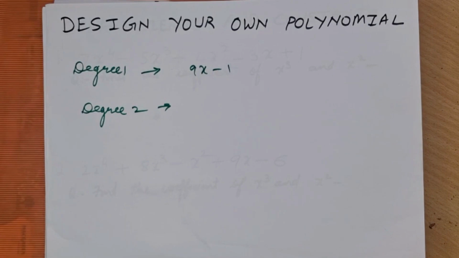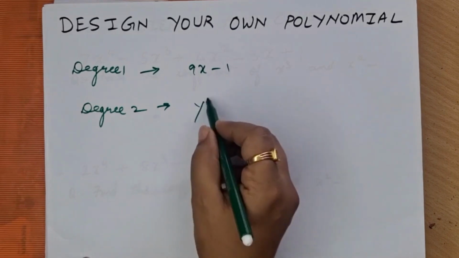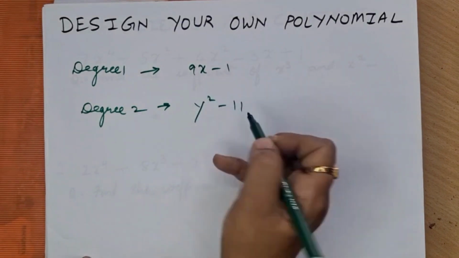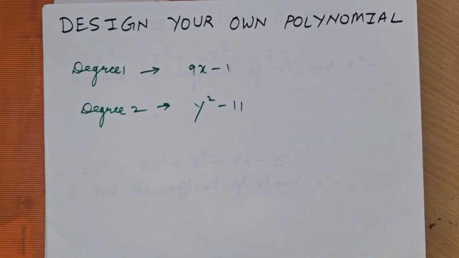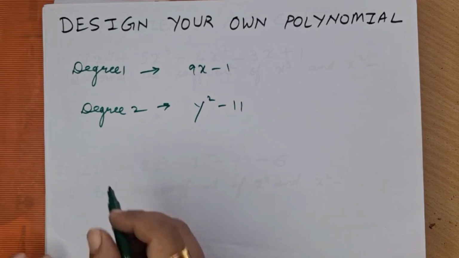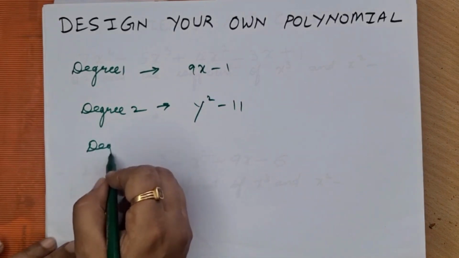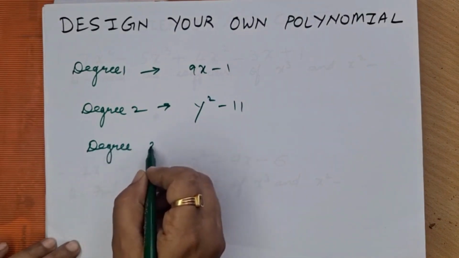Next, what if they ask for a degree 2 polynomial? Now let us try writing this polynomial. Make sure the highest power is 2. Can I write y square plus 11? Yes, because the highest power is 2.